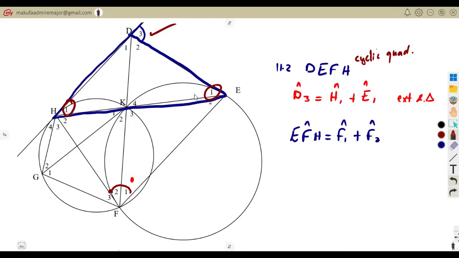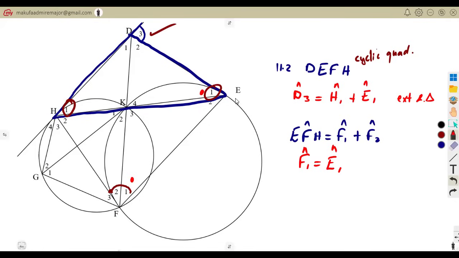We're seeing that at E1, because of what? Remember the concept of a tangent. The angle between a tangent and a chord is equal to the angle in the alternate segment, where the chord creates an angle at F1. So it means this angle F1 and angle E1 are equal. Angle F1 is equal to angle E1.